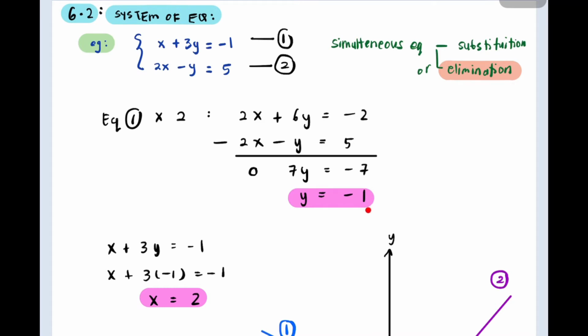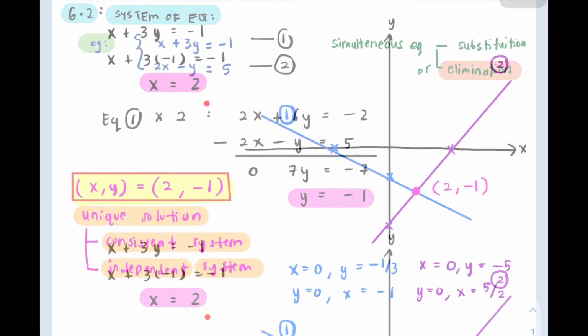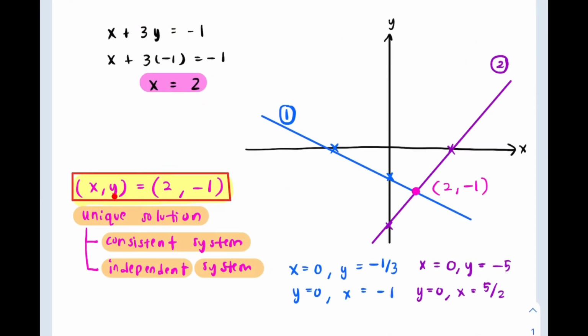When you got this, let's just back substitute y equal to -1 in equation number 1. So this is x plus 3(-1) equal to -1, and then just solve for x here. So x is equal to 2. Therefore, our answer (x, y) in the coordinate system is (2, -1).